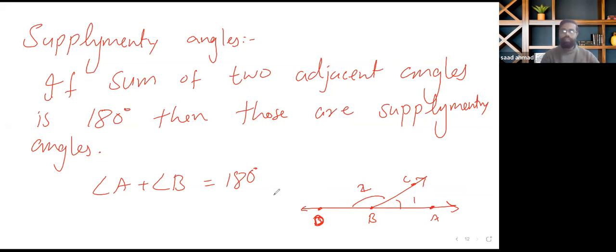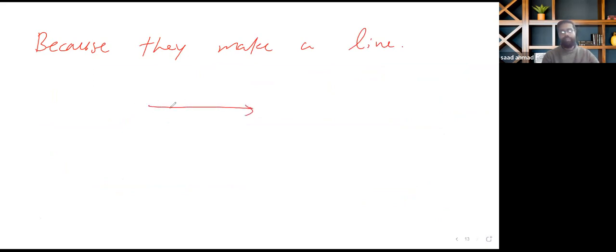Sometimes you can also call them straight angles. Why do we call them straight angles? Because they make a line. This is a line. This angle is 180 degrees and this much angle is also 180 degrees.